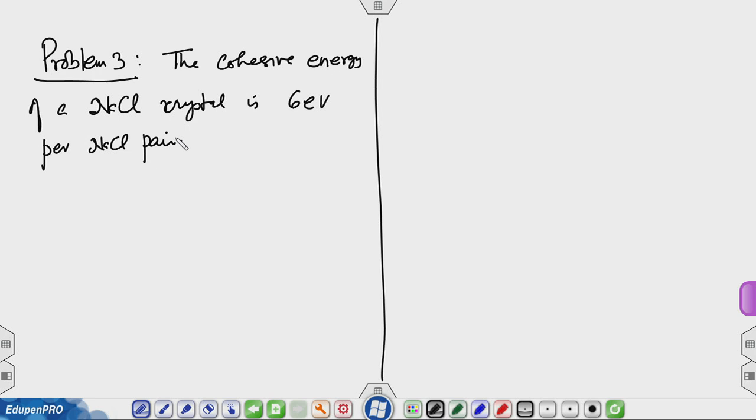We had just calculated it to be minus 7.15 in the previous problem, now it is 6 eV, and that is the effect of ionization potential and electron affinity. So, we are going to give that information next.